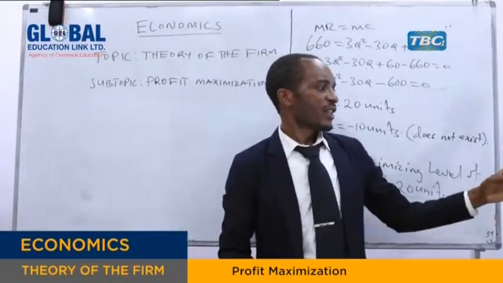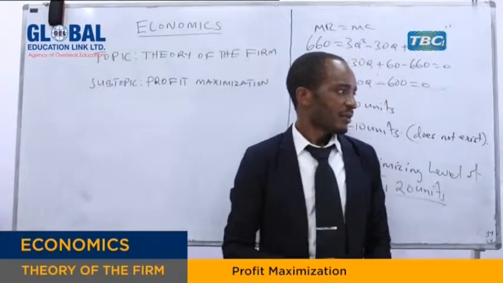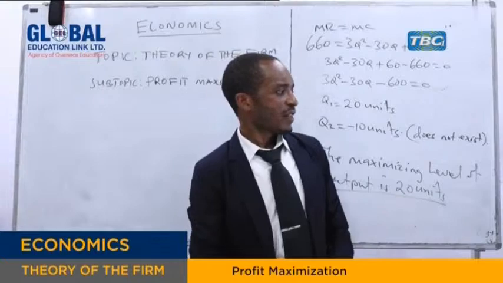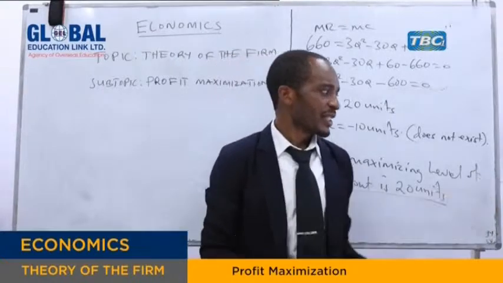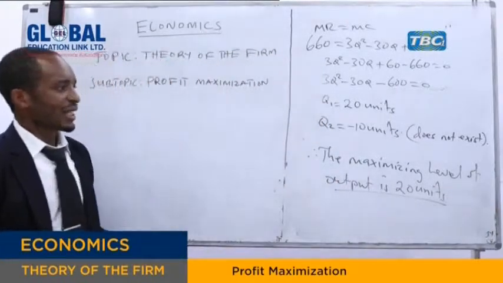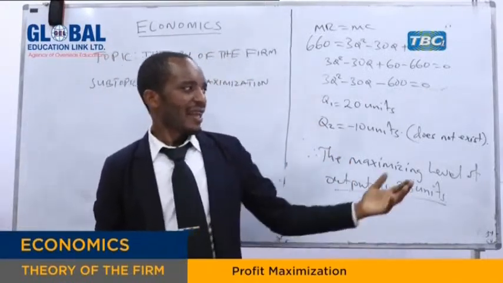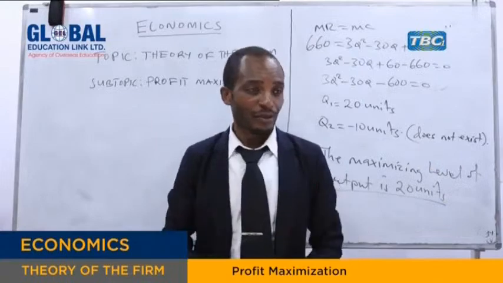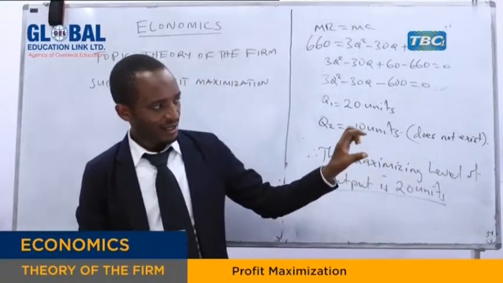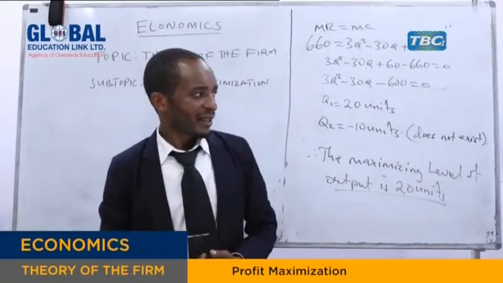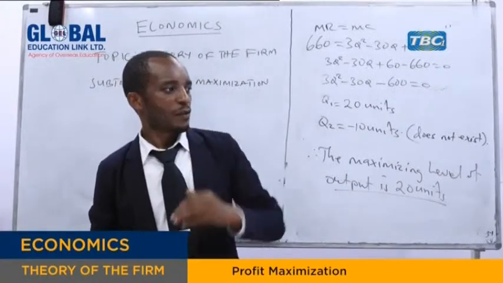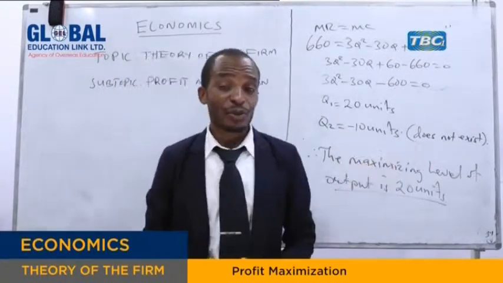Now if one of the students suggests producing 30 units, let us see if this will be profitable or not. To make sense, this 30 units should be profitable. If this output will bring a higher profit, it makes sense.